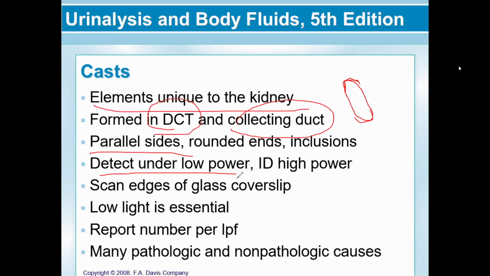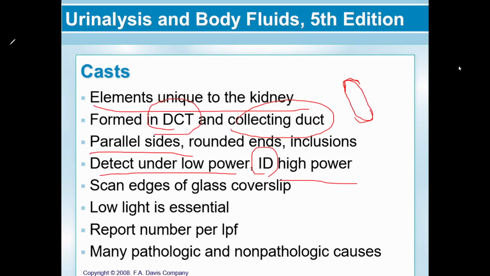But again, when we identify them, after you see them under low power, you have to view them under the high power objective to see what kind of cast it is. Is it a red blood cell cast? You'll see whether red cells or white blood cells are inside, or whether it is a granular cast or a bacterial cast.